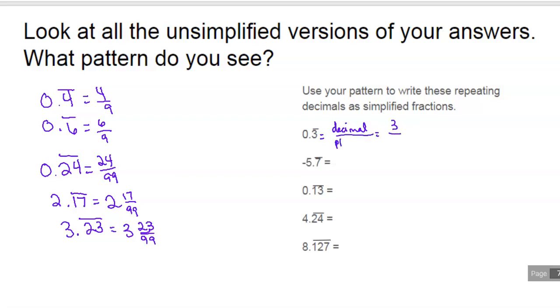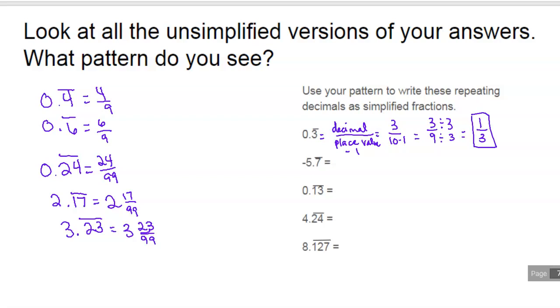And then you're going to have the place value minus 1. So the 3 is in the tenths place. Well, 10 minus 1 will be 9. And then this can simplify to give you 1/3. So if I actually divide 1/3, I do get 0.3 repeating.